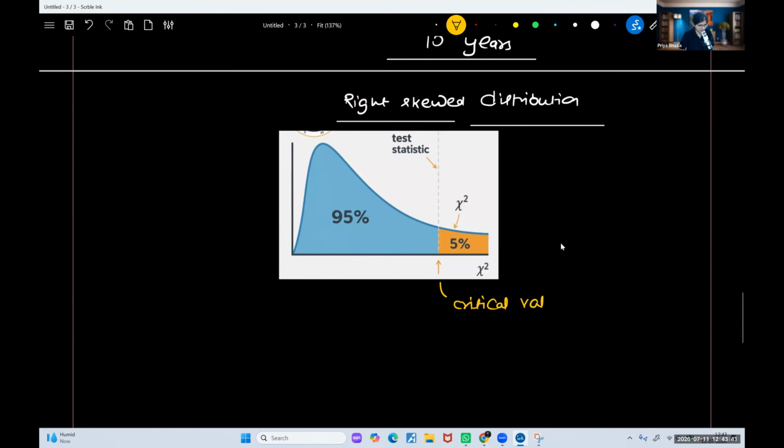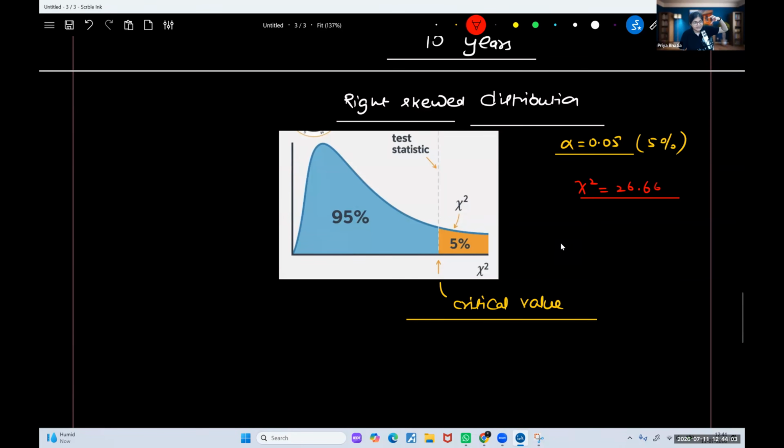So, what do we mean by critical value? This is the area. For example, when you say alpha is 0.05, in this specific case, it means you're talking about that 5% area, right? So, you are saying over here that whatever be the chi-square value I am evaluating, which is coming as 26.66, this value I will compare with this marker.